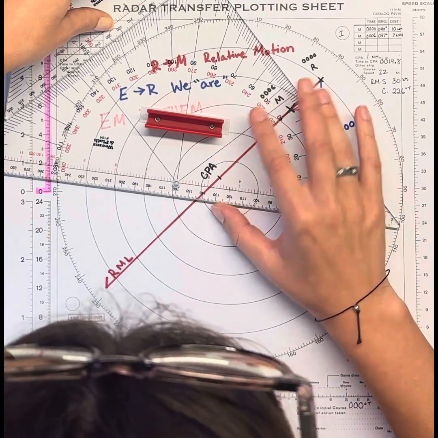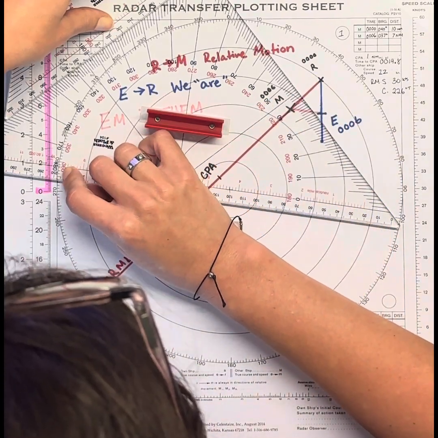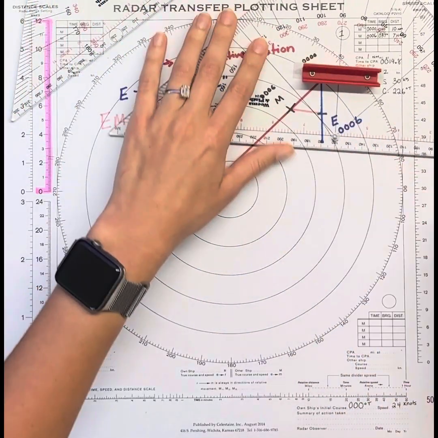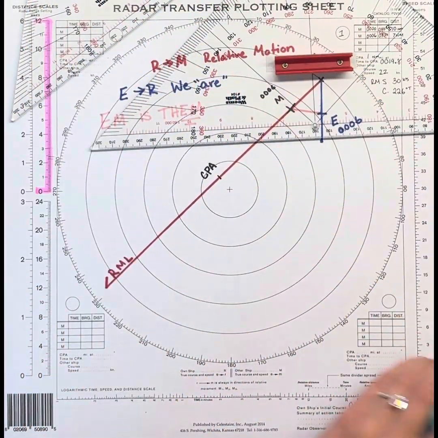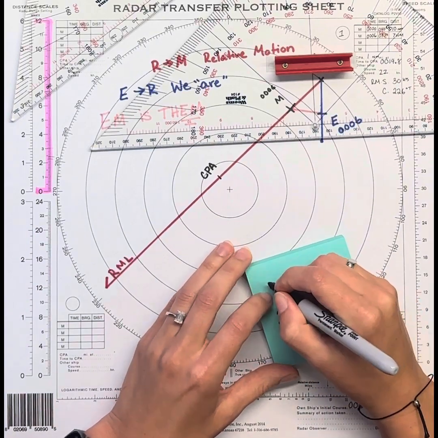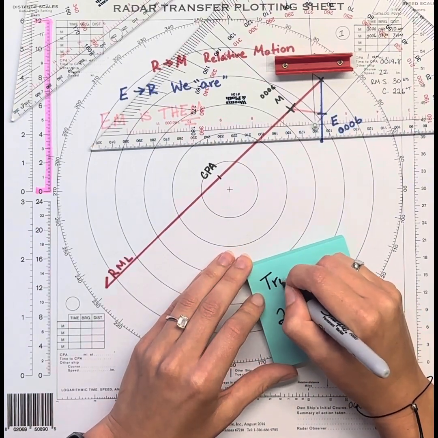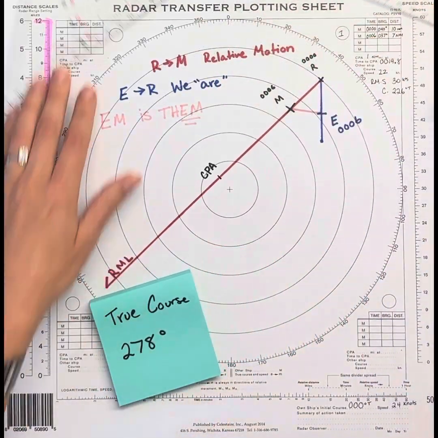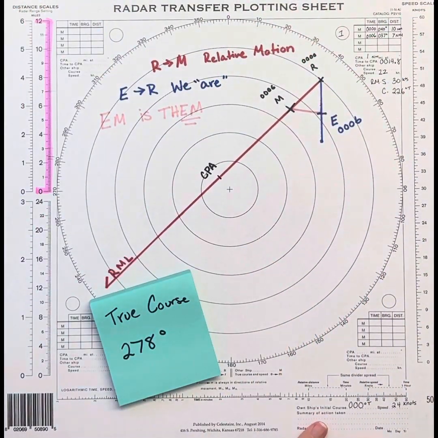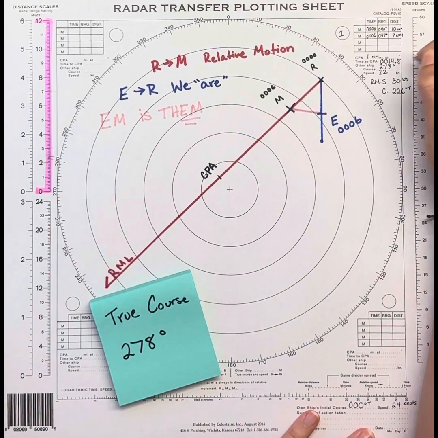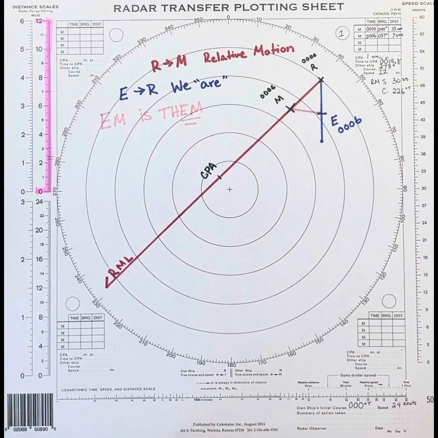Again, you can see I bumped it, but my hand holding the other triangle was sturdy and moved it back to get that exact measurement. So I got a course of 278 for their true course. Again, we can record this in the top left corner where it says other ship course, 278 degrees true.